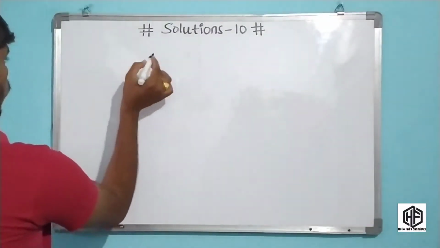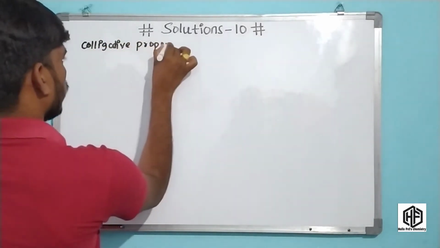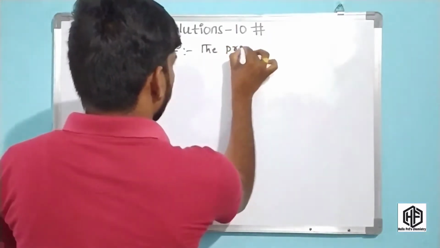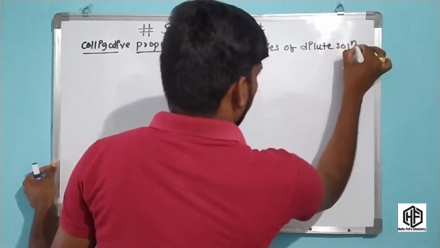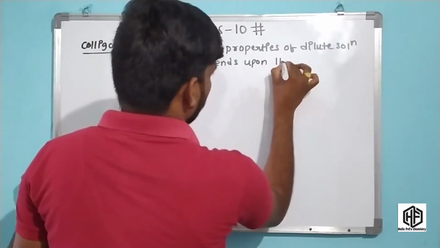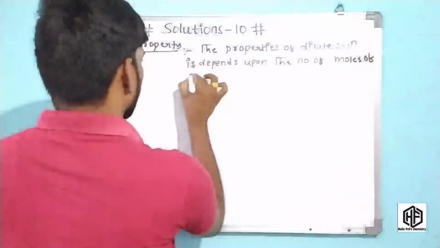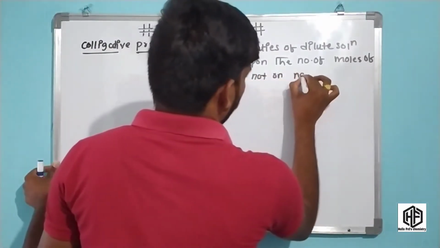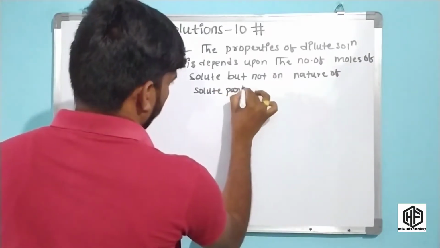A colligative property is a property of a dilute solution that depends upon the number of moles of solute particles, but not on the nature of solute particles.